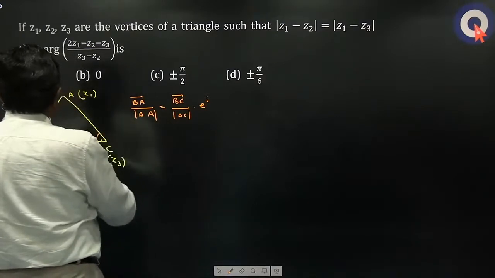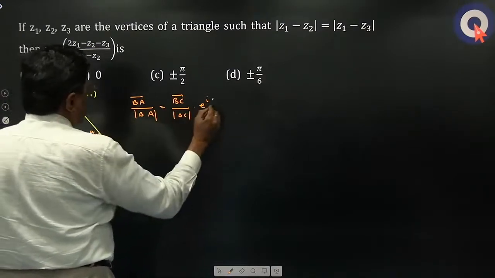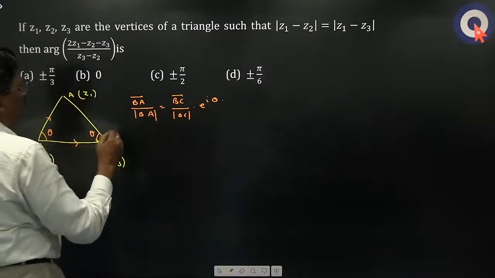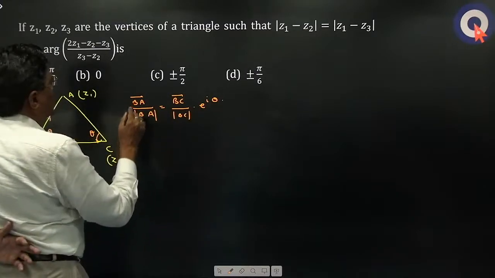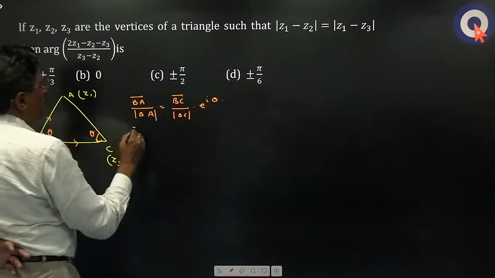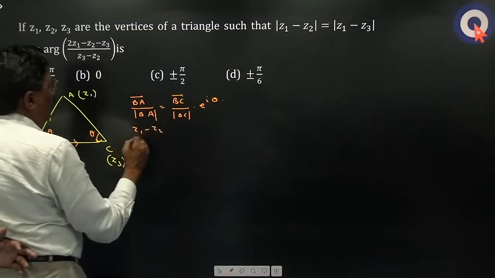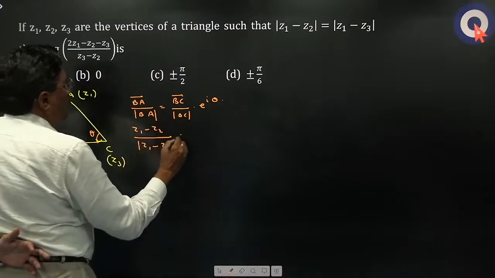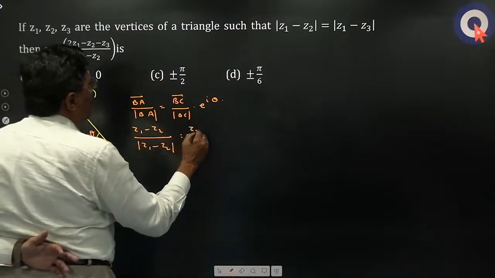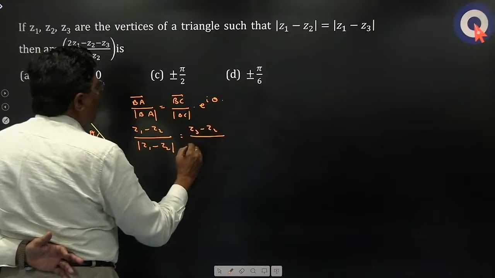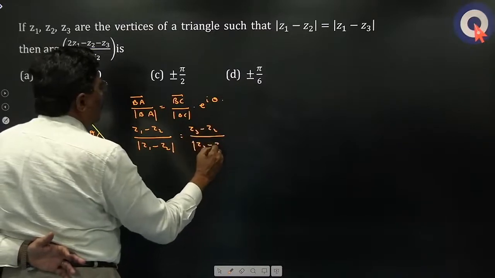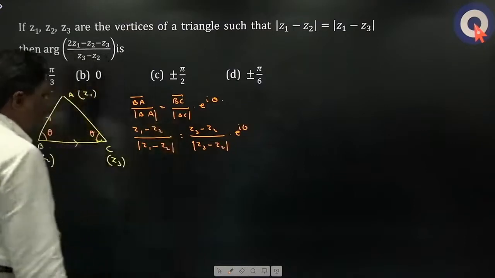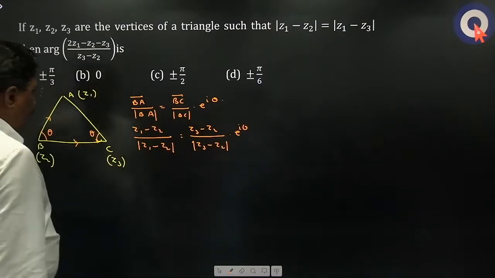Let us call this theta. So BA, BC, there is no link. So BA is Z1 minus Z2 by mod Z1 minus Z2, which is equal to BC, which is Z3 minus Z2 by mod Z3 minus Z2, into e to the power of i theta. Let it remain like that.